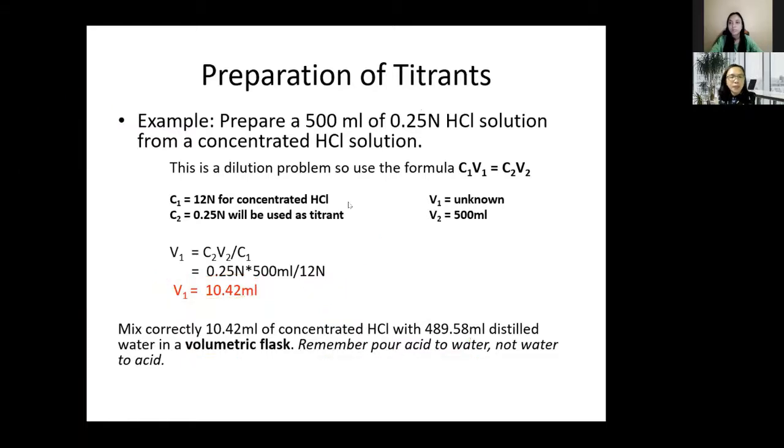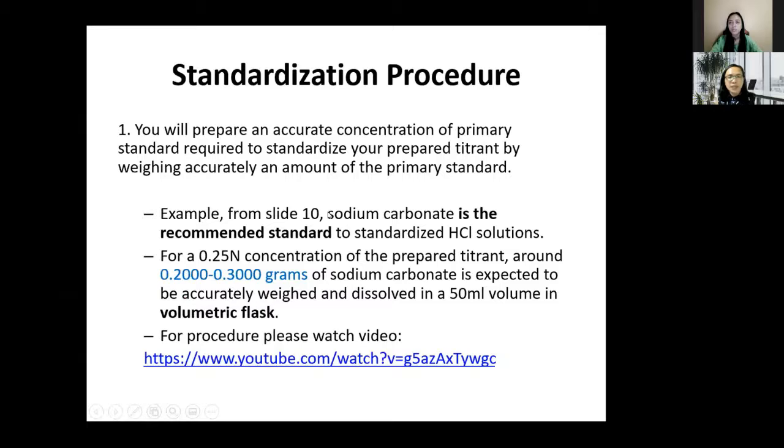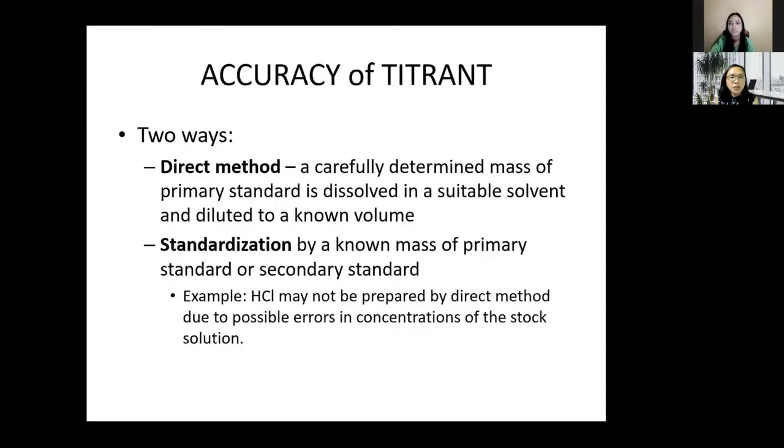Okay, the next step that we did is we standardize. Again, ang ating purpose ng standardization natin is kailangan natin makuha yung true concentration ng ating titrant. There are two ways to standardize. The first one is you have your direct method. Sa direct method, you don't undergo titration. All you have to do is measure accurately your mass of your solution, okay?